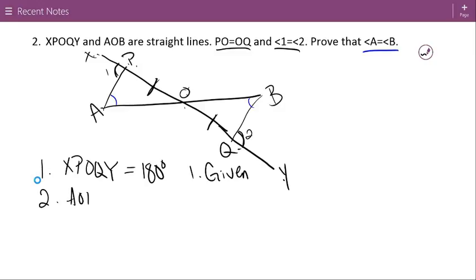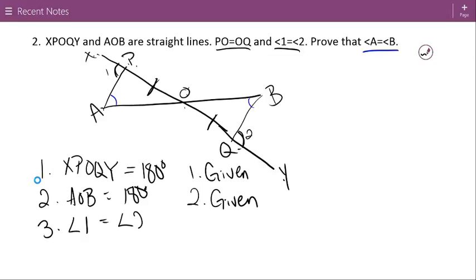Step 2, AOB equals 180 degrees. I'm saying that instead of writing that it's a straight line. Reason: given. Step 3, angle 1 equals angle 2, given.